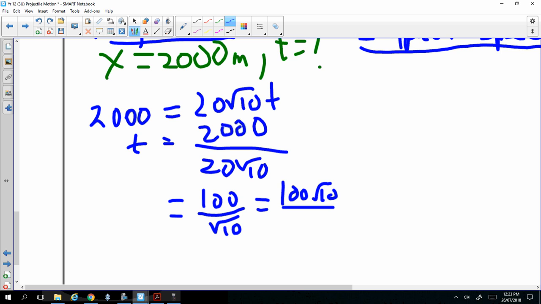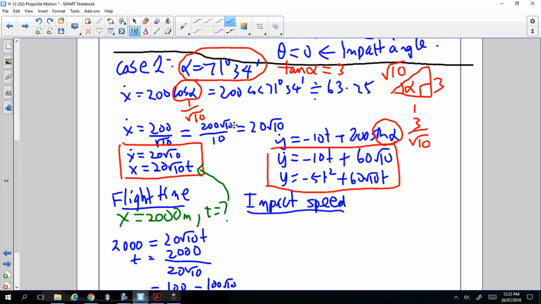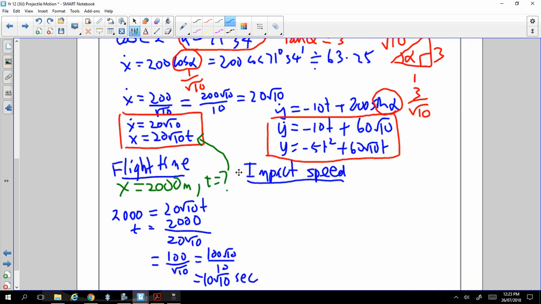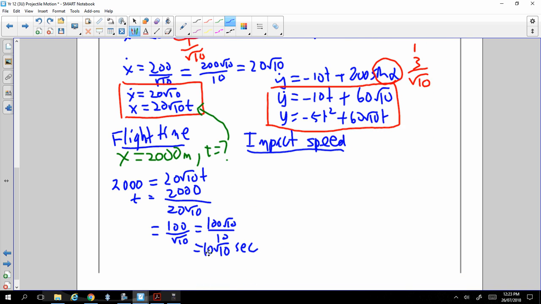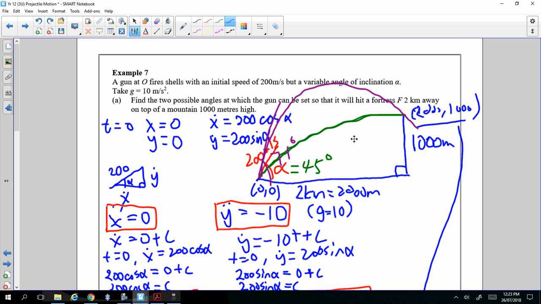So this is 10 root 2, that's 10 root 10. Obviously that takes longer to reach the top because you have to travel longer to get there. So that takes 10 root 10 seconds, and that takes 10 root 2 seconds as expected. Okay, so that's the flight time.